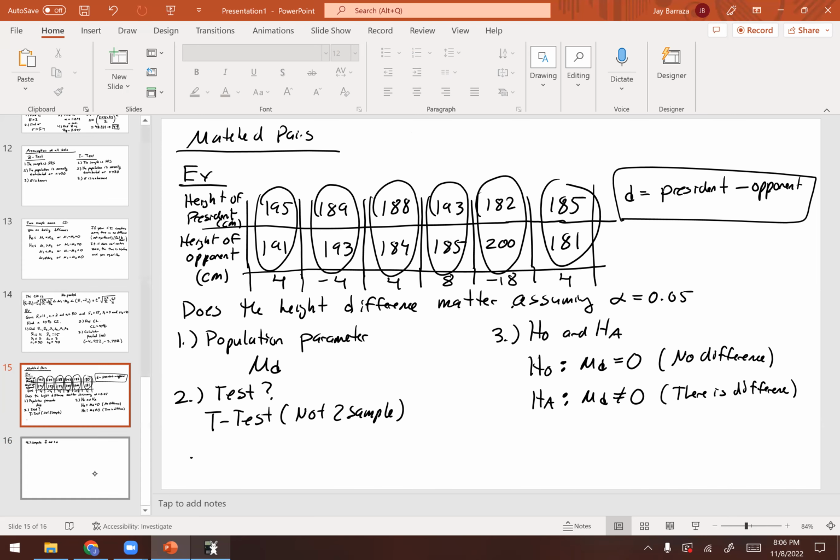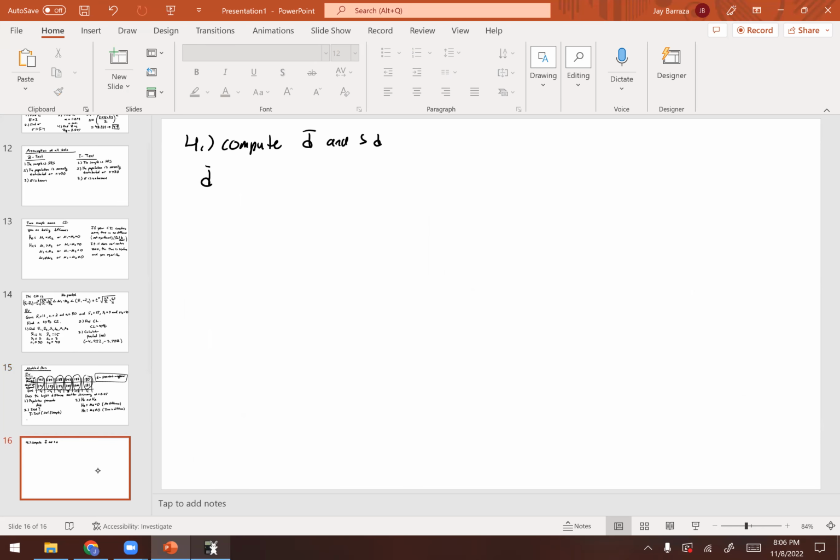So then D bar is just the sum of those divided by 6. So D bar is equal to 4 plus negative 4 plus 4 plus 8 plus negative 18 plus 4, and then I divide by 6.